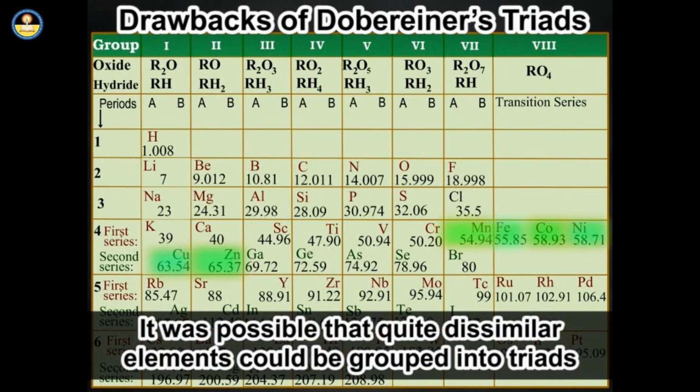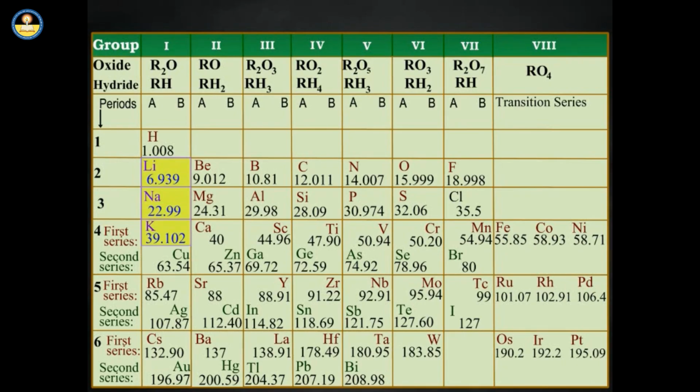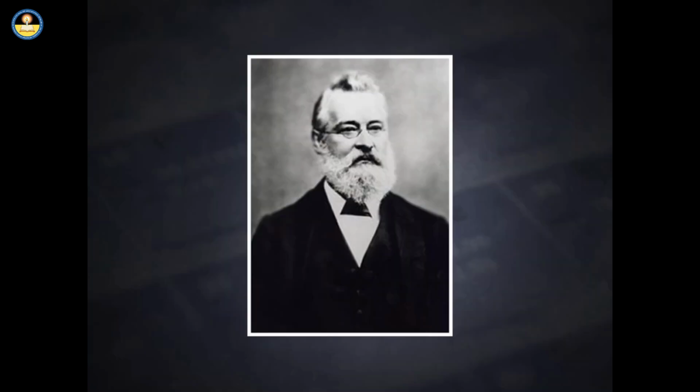It was also possible that quite dissimilar elements could be grouped into triads. Dobereiner could only classify 3 triads successfully, since he failed to arrange all the elements then known in the form of triads.